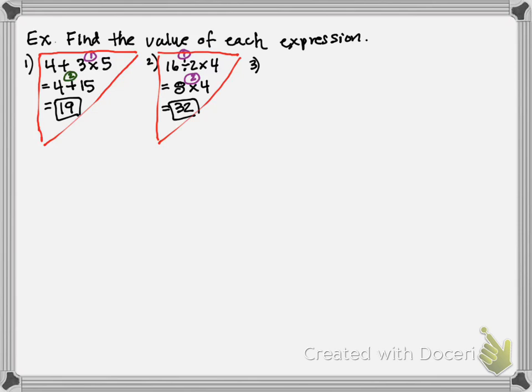Let's do 20 divided by 4 plus 17 times the quantity 9 minus 6. Now, I'm not going to number it the way I did in the first example, because technically the grouping symbol is not the math.